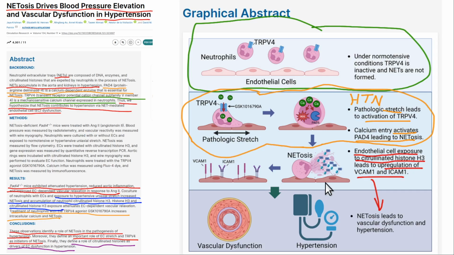Then they spew out their NETs, and that's going to make the blood thicker and activate platelets, and all of those things are going to lead to worsening hypertension. So you potentially can get a vicious cycle going here where this contributes to hypertension, then the hypertension activates more neutrophils, and so on in a vascular circle, and that's bad.